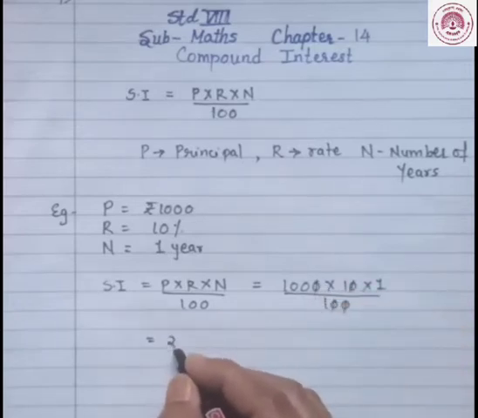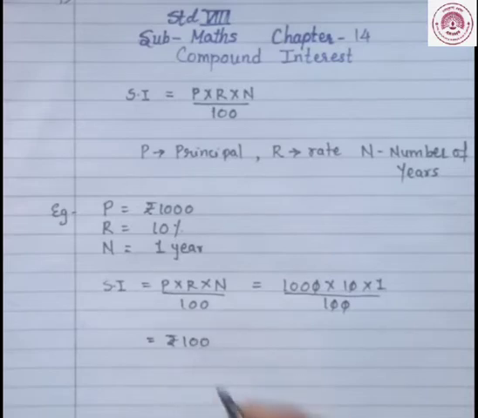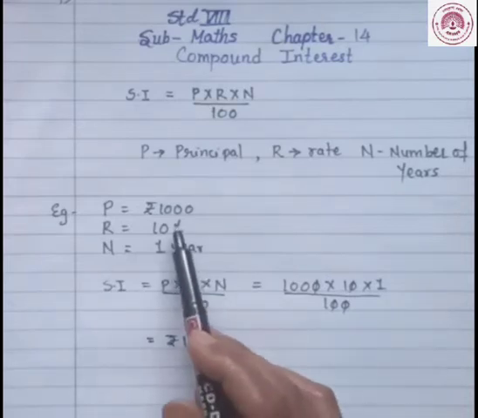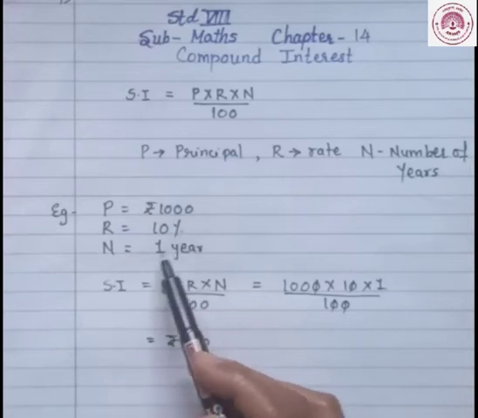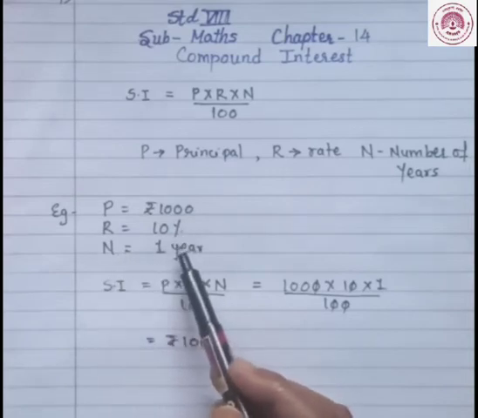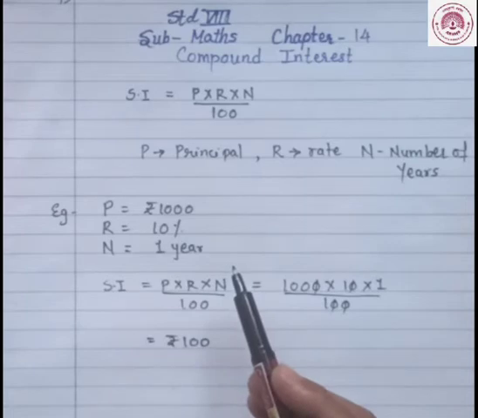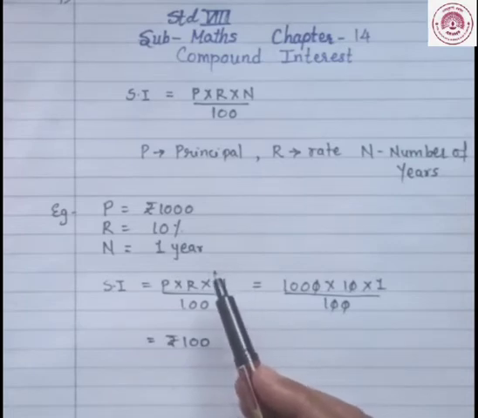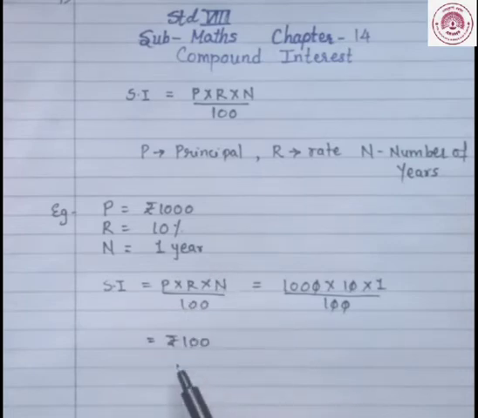So this is equal to rupees 100. So it means if we deposit rupees 1000 in a bank where rate of interest is 10 and number of years is 1, that is we are keeping the amount for 1 year, we will get an interest of rupees 100.